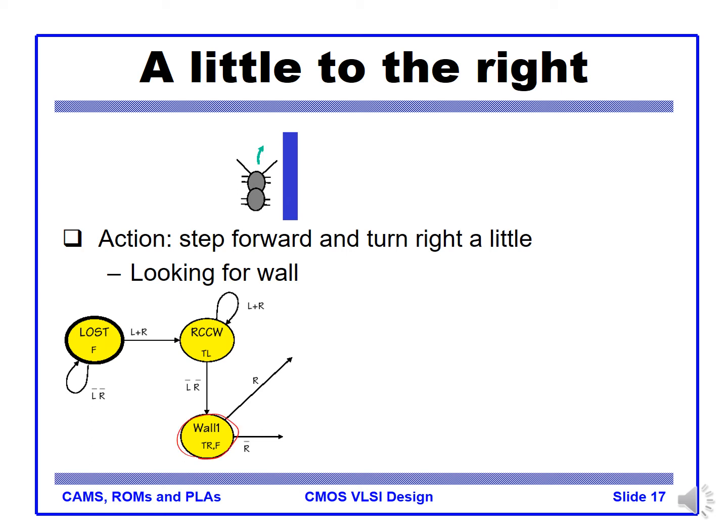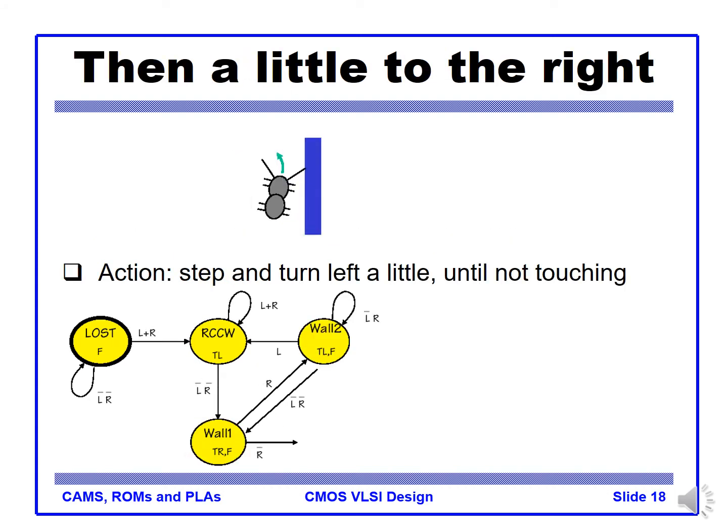Now we go to the wall one state, and depending on whether the right is hit or not hit, in this wall one state we keep turning right and going forward. Turning right and forward is a combination, so you will switch back and forth between two outputs. Turn left and forward, turn right and forward, so we are going back and forth between two states.